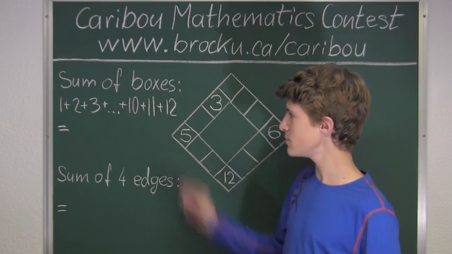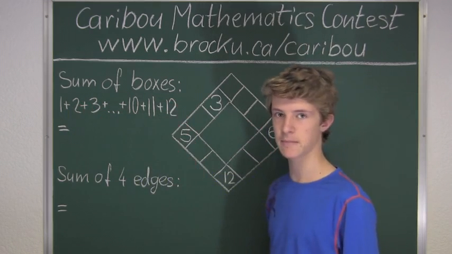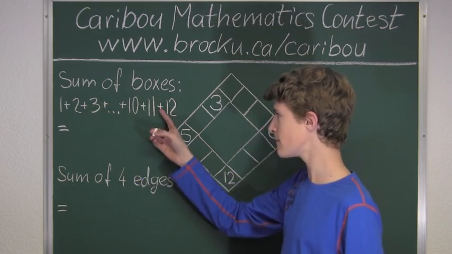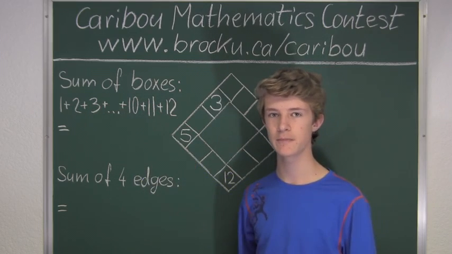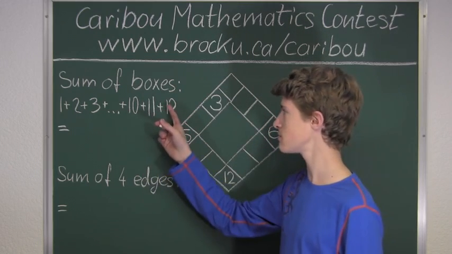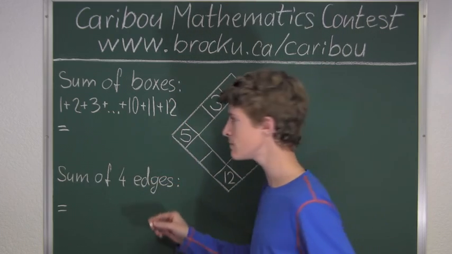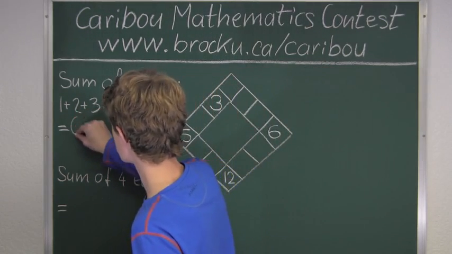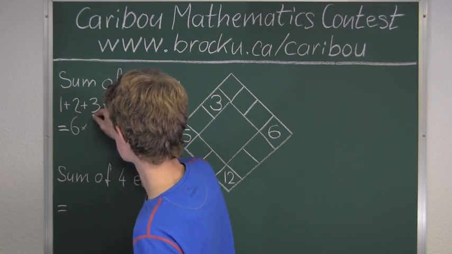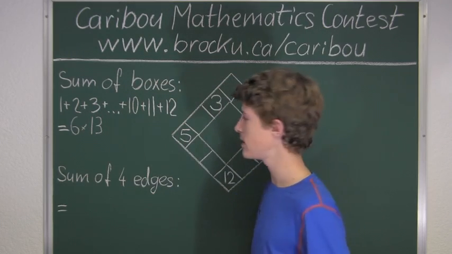The reason we can do this is that 1 plus 12 has the same sum as 2 plus 11, 3 plus 10, and so on. So we would have 6 pairs of 13, since 1 plus 12 is 13. So we would have 6 times 13, and that would equal 78.